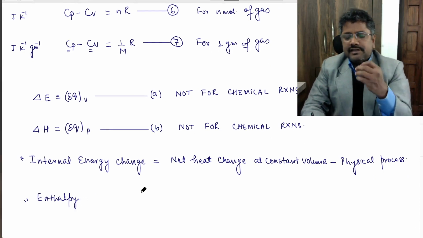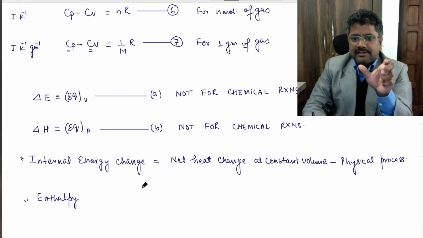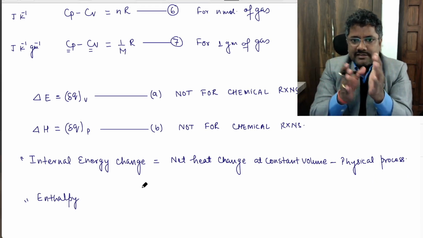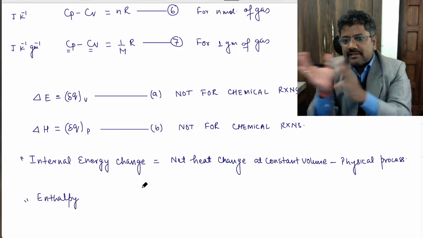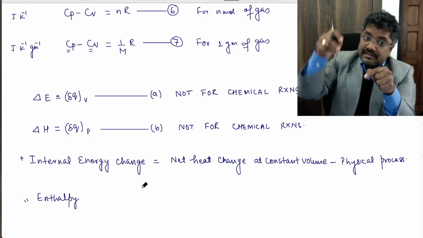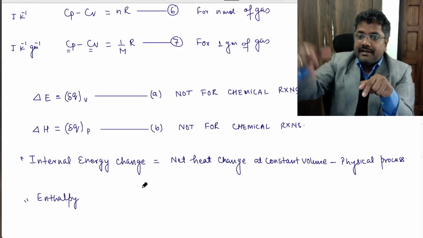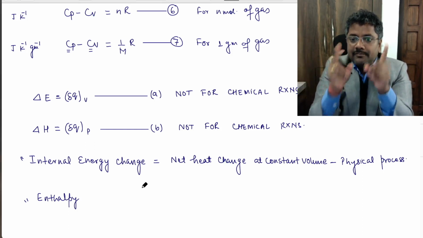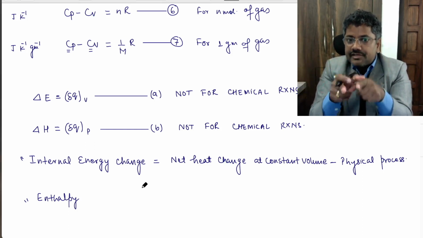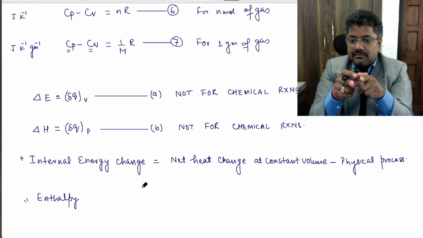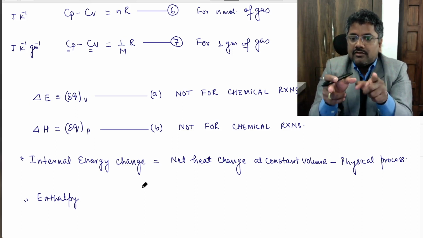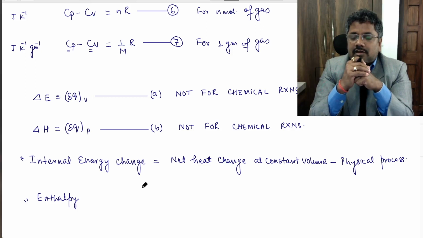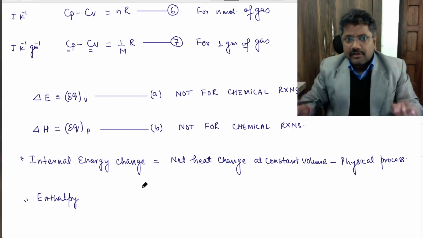So see, this is the reason why we study thermodynamics in two parts, one for physical processes, the other for chemical reactions. The same function is defined in a different manner for chemical reactions. And if you are not able to differentiate, you are not able to understand thermodynamics.